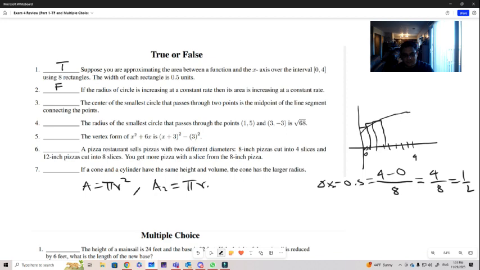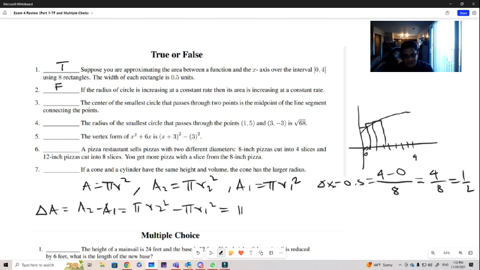So we have area 2, which is pi r2 squared, and A1, pi r1 squared. When we do the delta A, which is the change between A2 and A1, that's going to be pi r2 squared minus pi r1 squared.